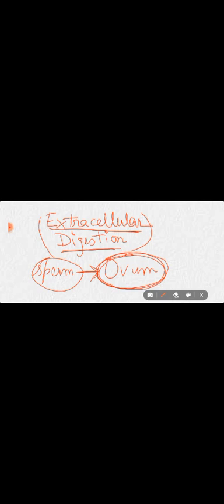Now for digestion inside the cell, we know that any material to be digested has to form a vacuole, which we call an endosome. Then that endosome fuses with either a primary lysosome or another secondary lysosome, and they bring about digestion.